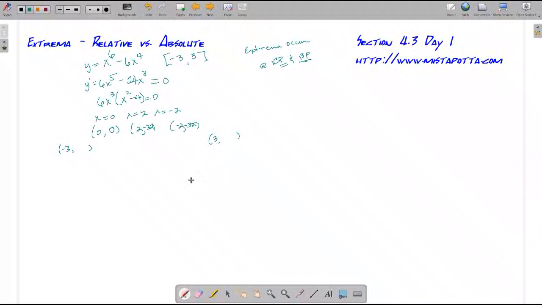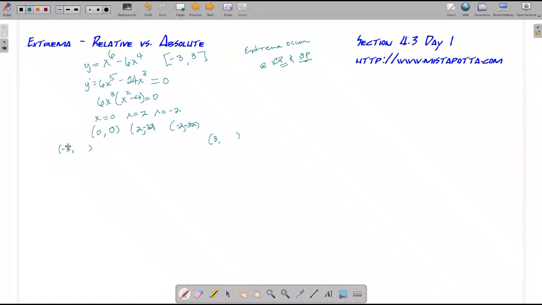And so I'm going to need to evaluate this. When I take 3 to the 4th, I get 81. Negative 3 to the 4th is also 81.